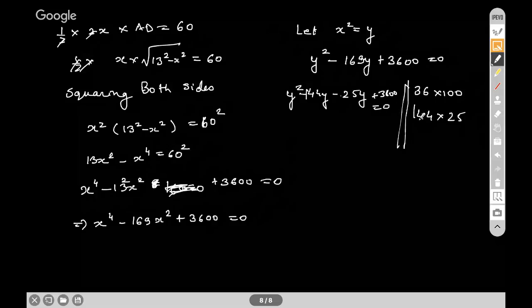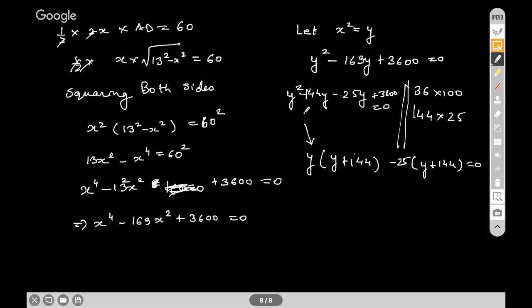Write it properly, don't overwrite. Yes, so hence it is y times, so I'm writing it here, y times y minus 144, and then y minus 144 anyways will be taken out, and here it will be simply minus 25 equals to 0.